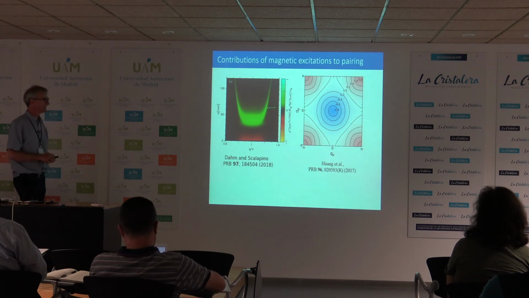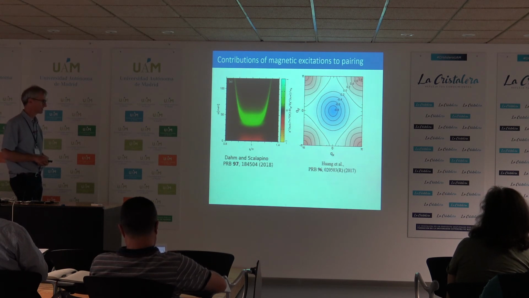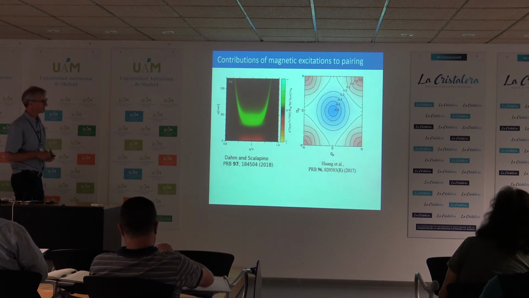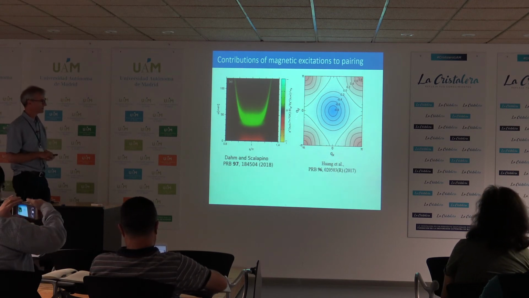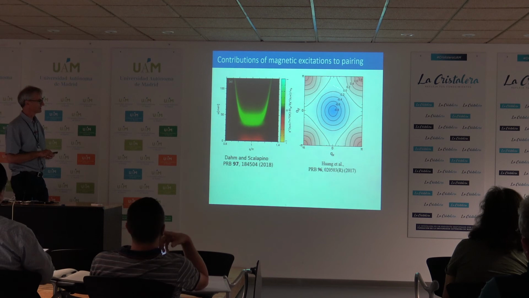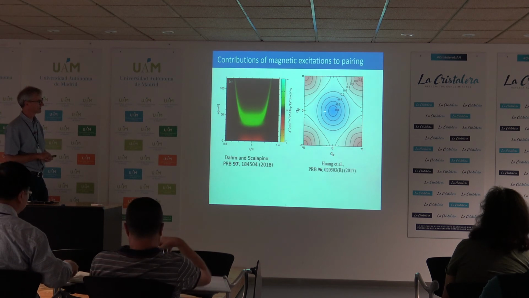Another thing you can do in using what we've observed to say something about pairing is to do simulations in the Hubbard model, and these are some such simulations to see which excitations contribute to pairing and which don't. So if we look on this side here, this is Tom Devereaux and collaborators from Stanford, in this paper in 2017.